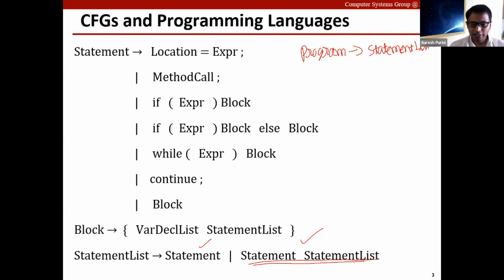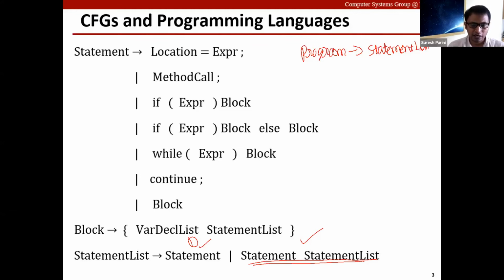But what is important is there is also an alternate substitution rule or production rule where we are defining statement list without referring to statement list. This observation is important because in the absence of the first substitution rule, the definition is not complete. There is no way to terminate the recursion. So this is one observation.